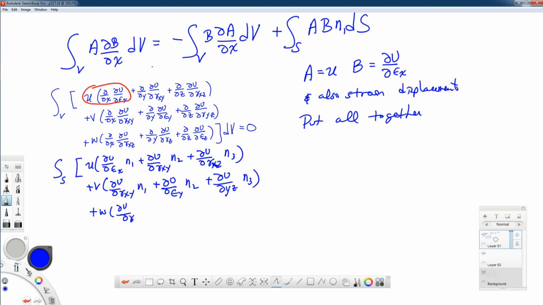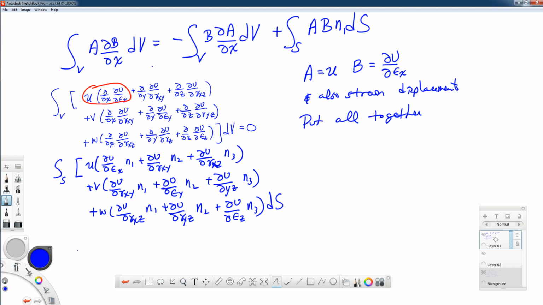And then we have our last line. Again, these are all in terms of partial derivatives of the strain energy density function. Okay, and that's all integrated over the surface. So that's the second term that I have here, the A, B, N1 type term.